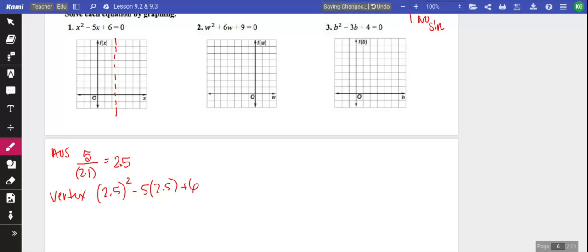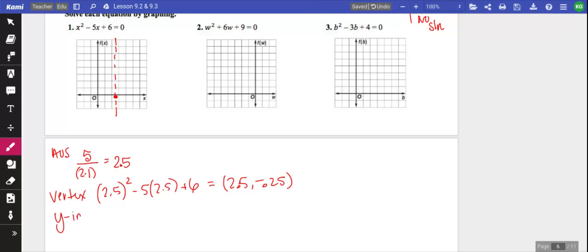And I get negative 2.25. So my vertex is just below the axis there.